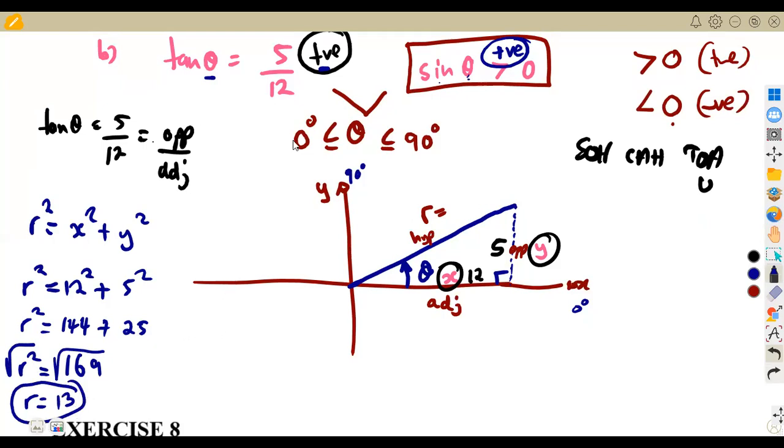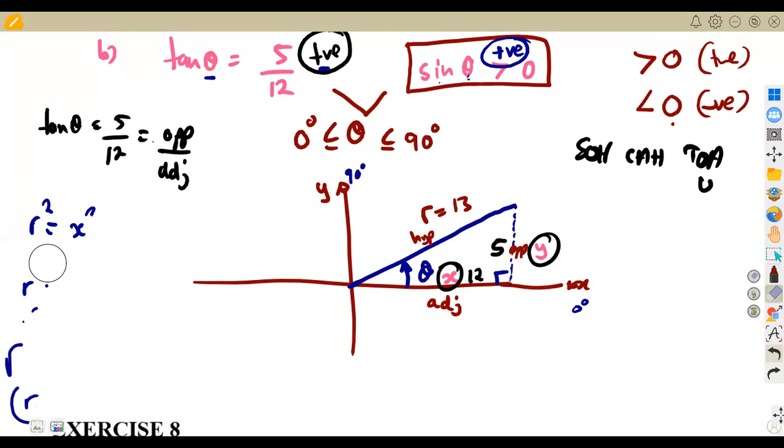And also these are just units, so you can write 13 units or just write 13 as it is. So now we have completed our diagram by finding our hypotenuse, from the ratio that we are given.